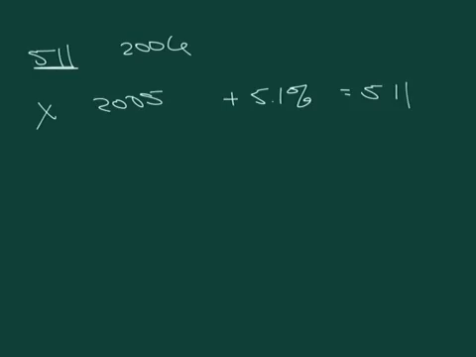Okay, so how does that look? We have the amount we spent in 2005. We increased it. Increased what? We increased the amount we spent by 5.1%. So 5.1% of the amount we spent equals 511.